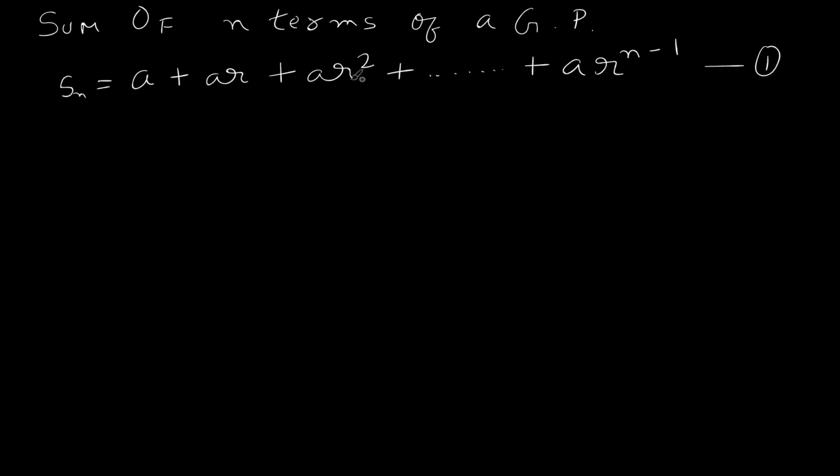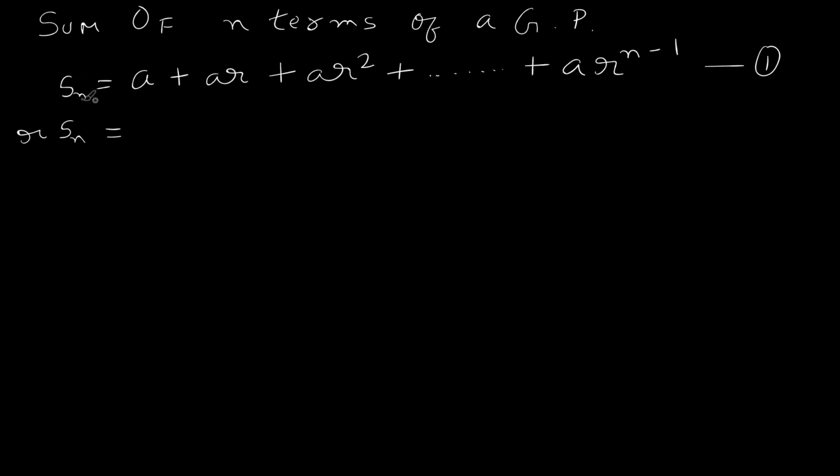So what we could do is, we could multiply this sequence with r and then subtract it. When we subtract it, the corresponding terms get cancelled out. Let's have a look at what I'm trying to say. So we multiply this equation by r. On the left hand side we will have r times Sn. And now let's write the equation but shift it by one term.